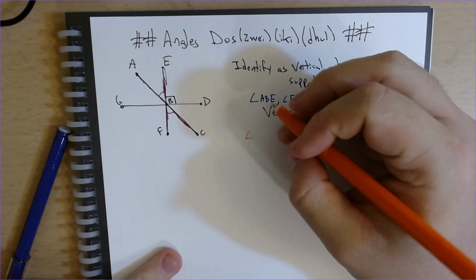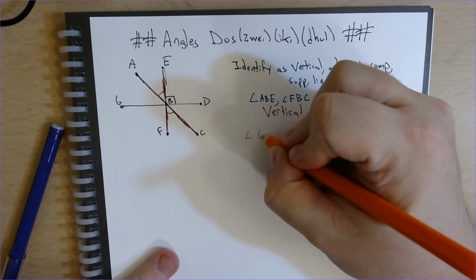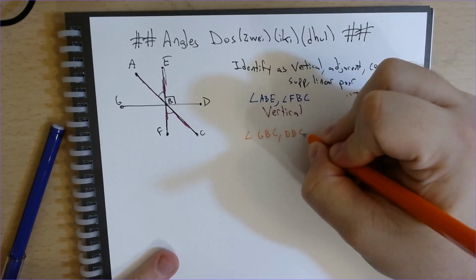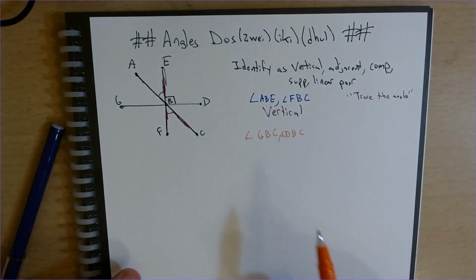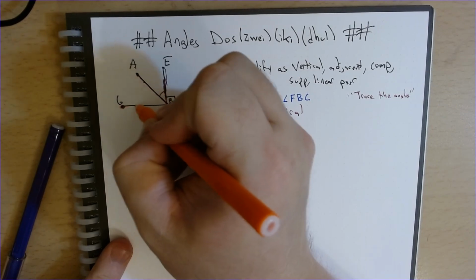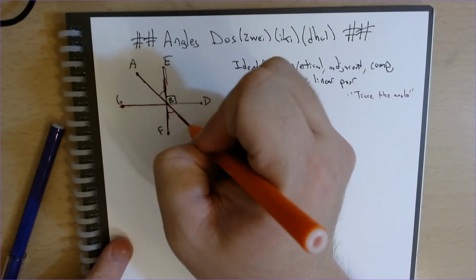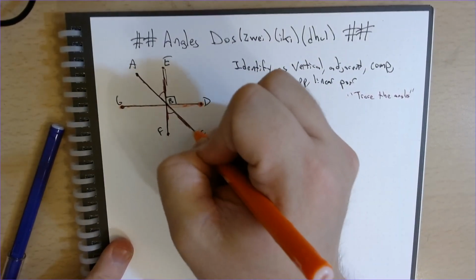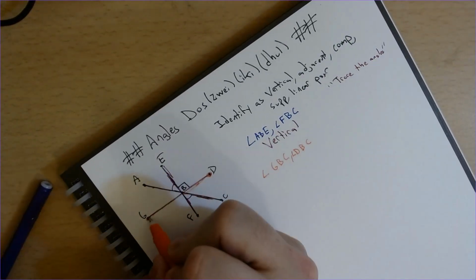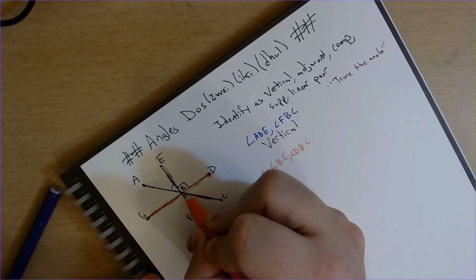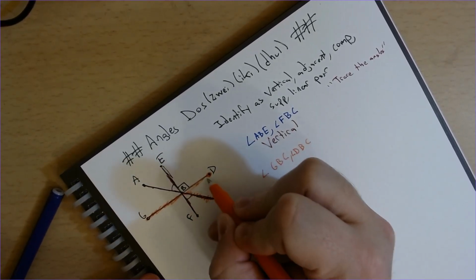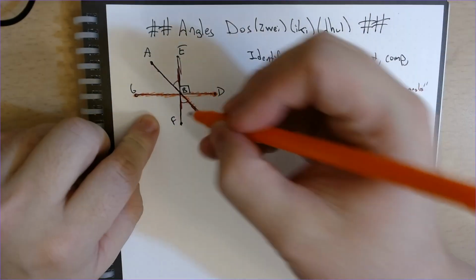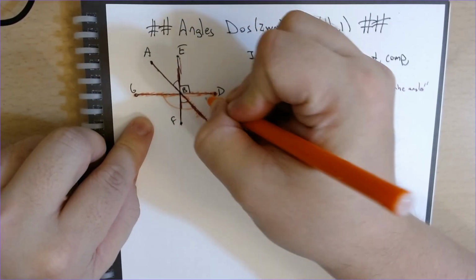Let's go angle GBC and angle DBC. If you trace again, G to B to C, and then D to B to C, it's basically this angle plus this angle.